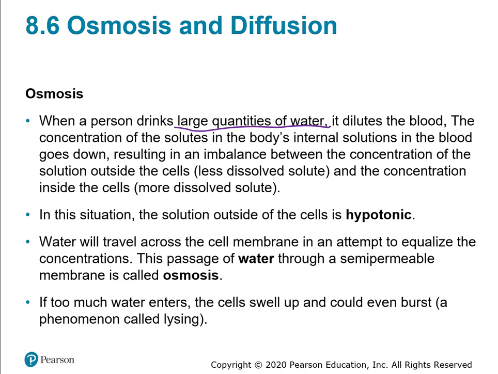So if this water comes in, it is going to dilute the blood. If you think of your cell and the blood outside, there's more water outside because they drank all this water.